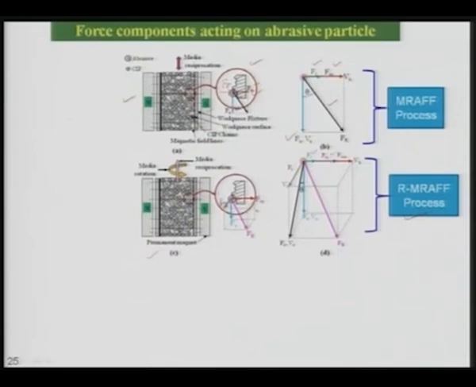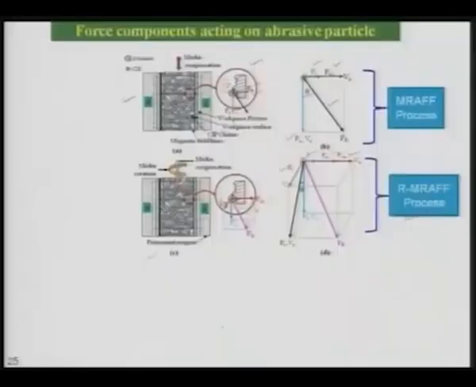Here it is assumed that the magnetic force that is acting is normal to the workpiece surface. Otherwise there will be a normal component of the magnetic force and an axial component of the magnetic force, and then there is a centrifugal force. All the three forces are responsible for the penetration of the abrasive particle into the workpiece. On the other side there is a tangential force, because rotary motion is there.